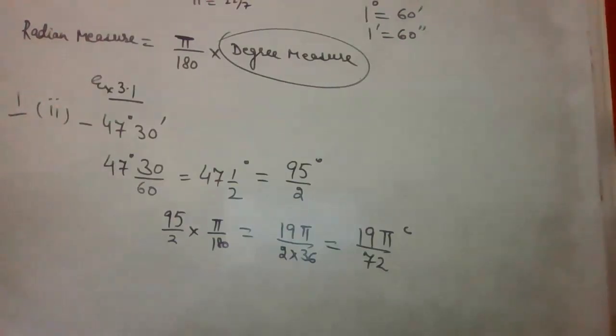So this is how you will convert degrees to radians. And now we'll take another question in which we have to convert radian to degree.